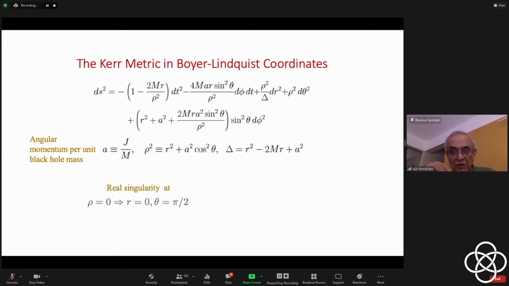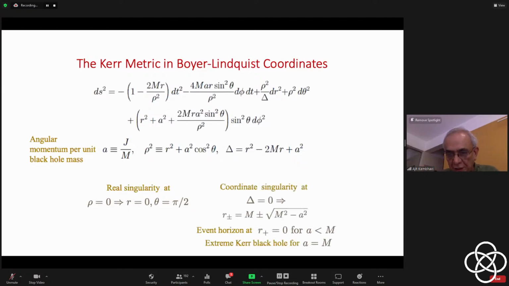Therefore it is what is called a ring singularity. If you approach r equal to 0 at any other value of the polar coordinate theta, you will not get a singularity. Only in the equatorial plane, where theta is equal to pi by 2, do you have the singularity, only in the plane. That is why it is called a ring singularity.